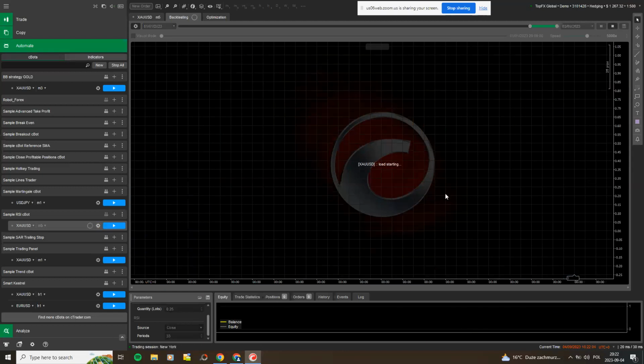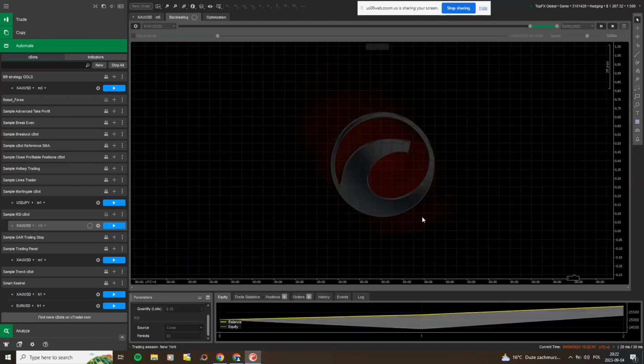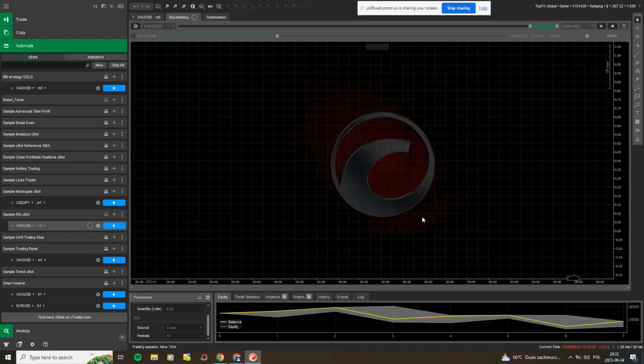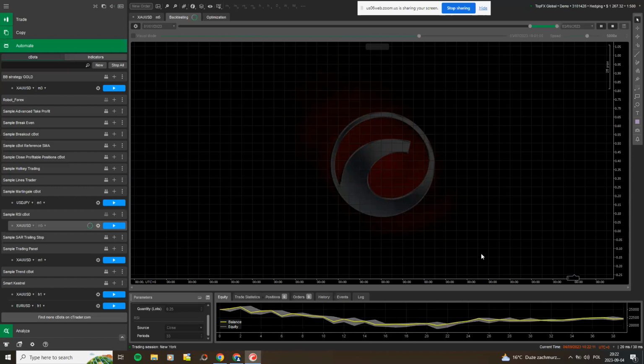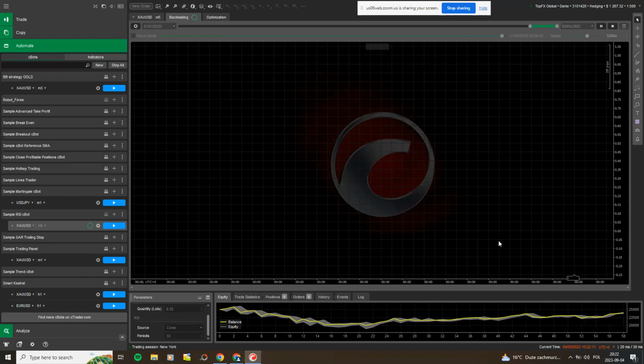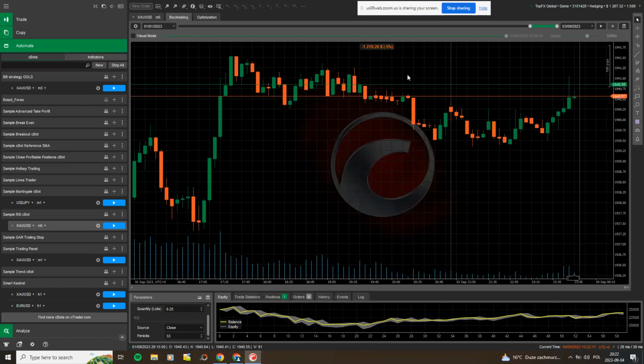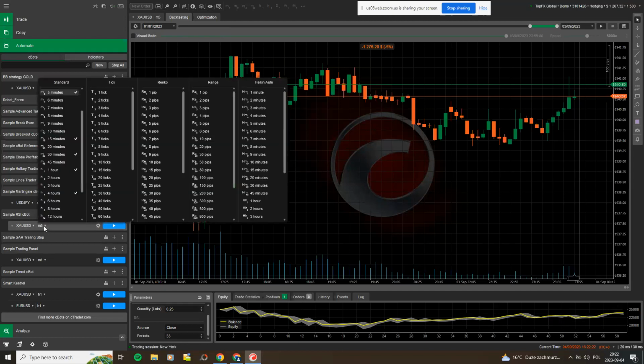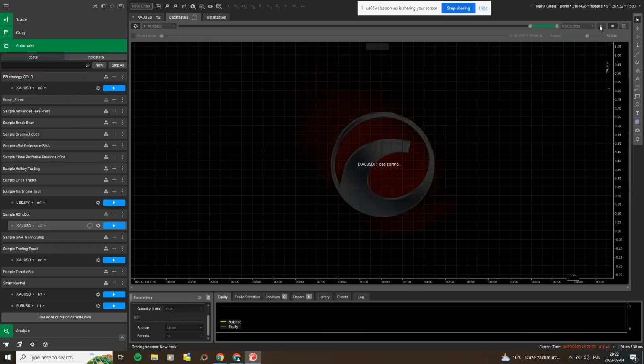0.25. Let's see what will happen now. The whole situation here is changing rapidly, and we are still not in profit. However, minus 5%. So if we stick with this but change the time frame from M5 to, let's say, 2 minutes. Okay, 2 minutes. Let's see what this will bring.